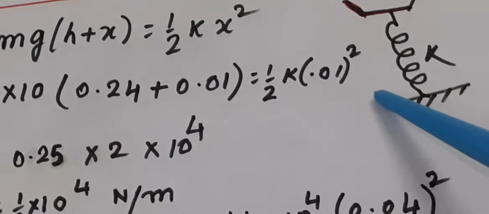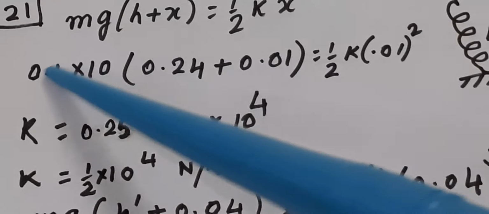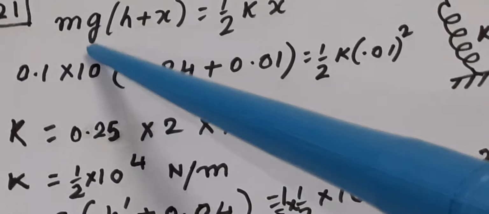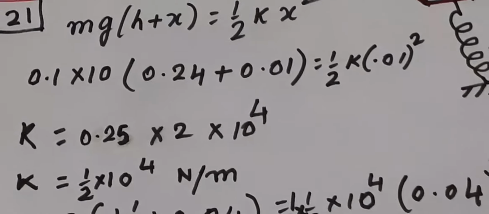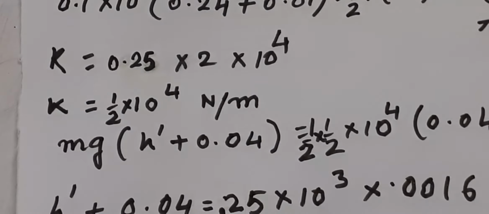After substitution, m is also given as 0.1 kg, and 10 is small g. After substituting all, we can get the value of k. It is half into 10 to the power 4 Newton per meter.